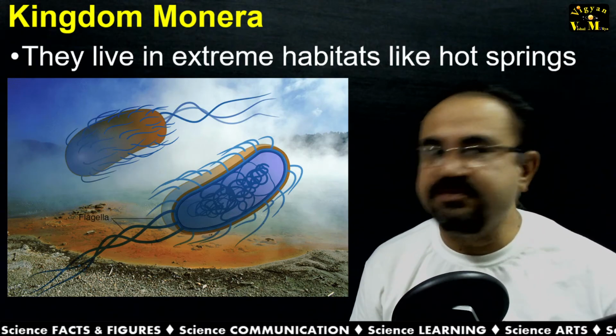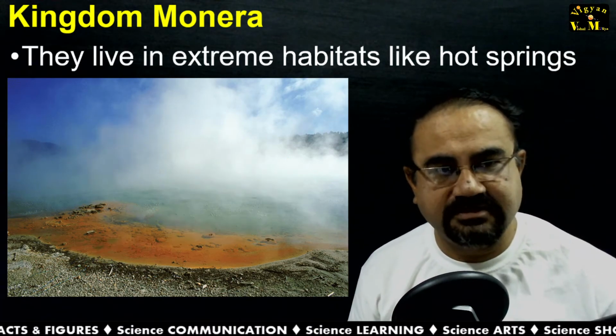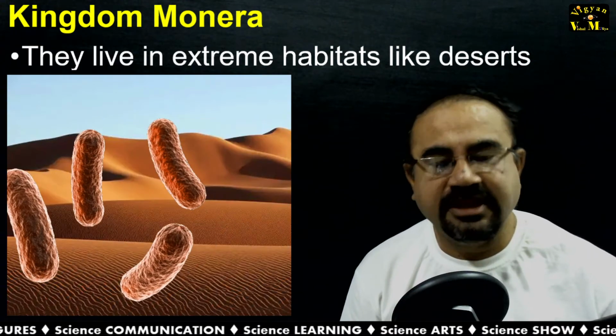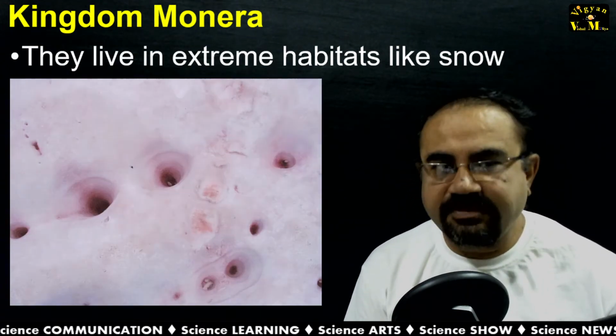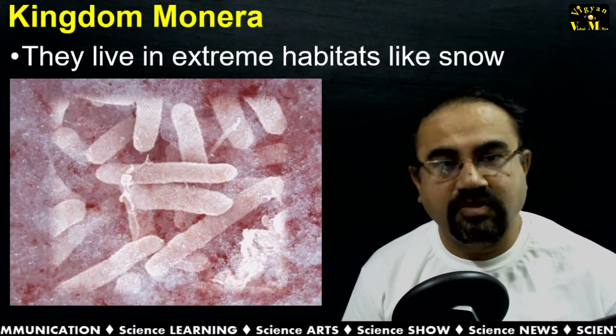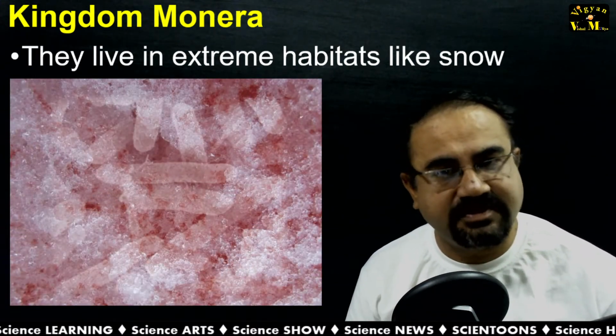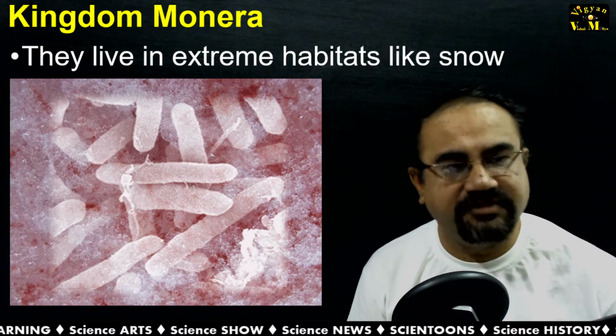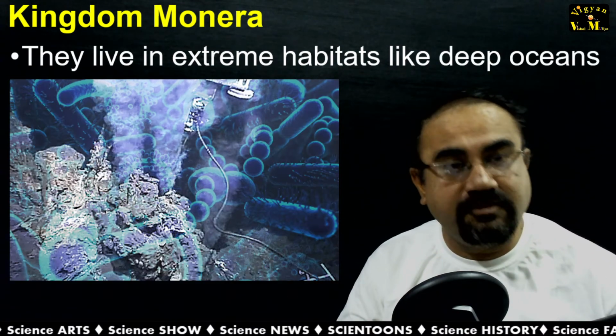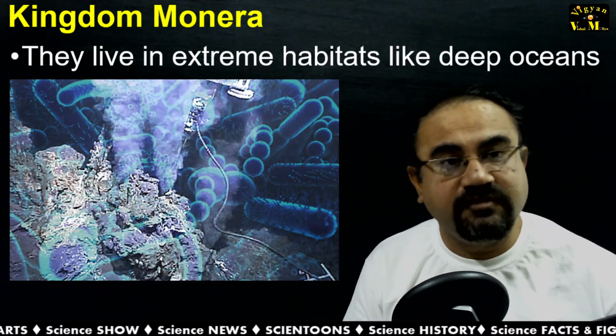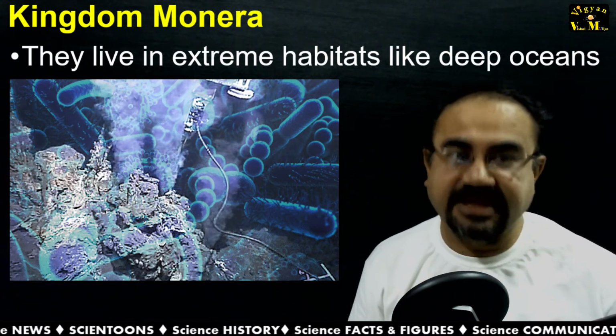They live in extreme habitats like hot springs. They can be found in desert areas, in the snow, in extreme conditions where we cannot survive. Even in the Antarctic region they are found. They are found in the deep ocean where thermal vents are present.